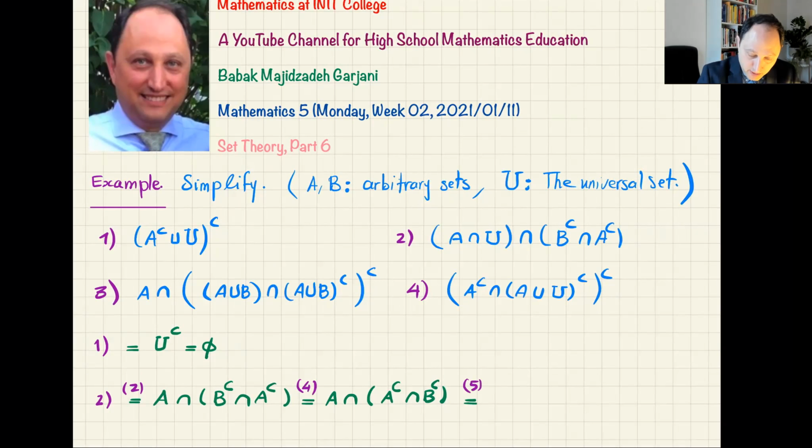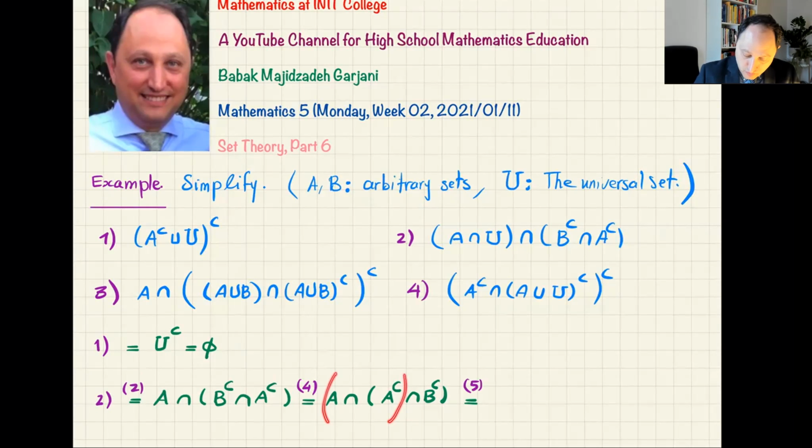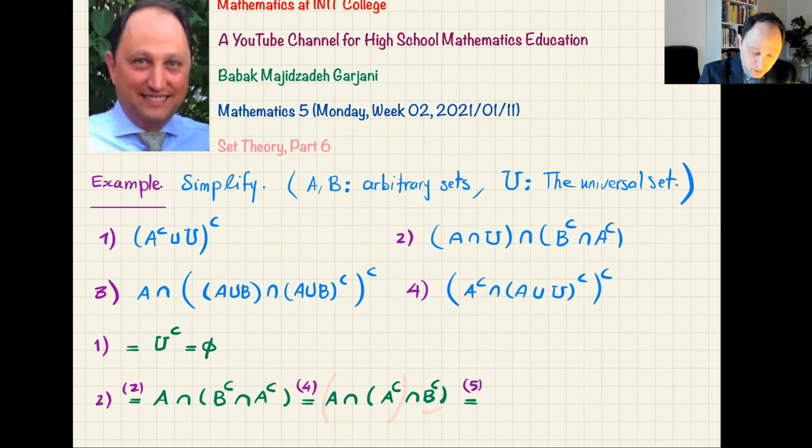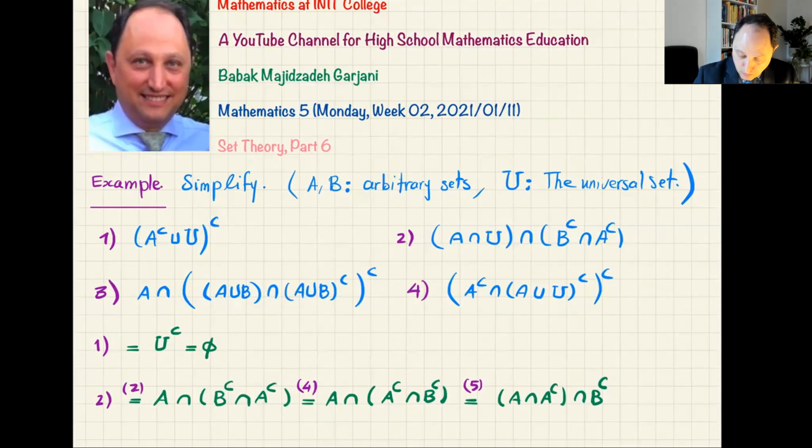So this tells me that it doesn't matter if I intersect these two first and then intersect it with A, or if I intersect these two first and then after finding the answer intersect it here. So then this becomes equal to A intersection A complement, and then I have intersection with B complement.